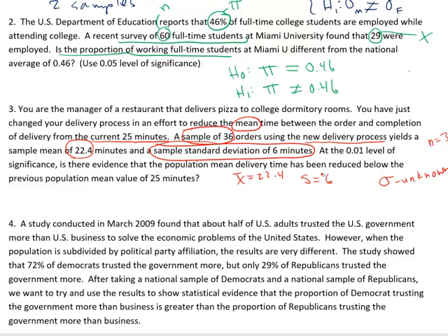The question asks, at the 0.01 level of significance, is there evidence that the population mean delivery time has been reduced below the previous population mean value of 25 minutes? To me, that's very clear, but if it's not, let's walk through it. We're given alpha very first, so we know alpha is 0.01. We know that it's asking about the population mean, so I know my hypotheses are going to have the population mean in them. And it says, has the mean time been reduced below?